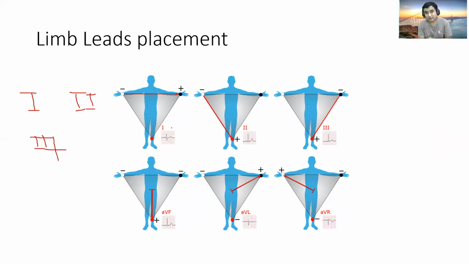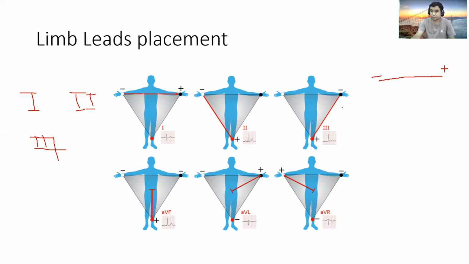In lead 1, the negative electrode is placed at the right arm, and the positive electrode is placed at the left arm. If you make a triangle, here at the right arm is the negative terminal and here at the left arm is the positive terminal. So the positive terminal of lead 1 lies at the left arm, and from the left arm it is looking towards the heart.